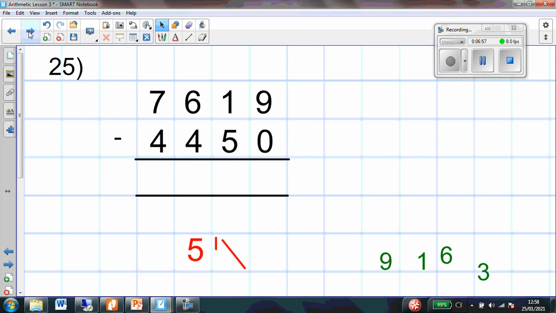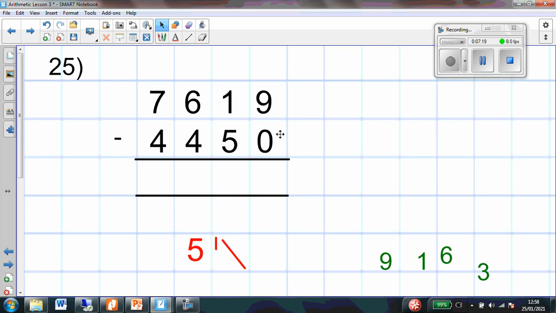And the last one, 25, is a subtraction. Now this is a subtraction where we're going to have to do some exchanging. What column do I start with when I am subtracting? I always start with my ones. 9 take away 0. Can I do 9 take away 0?